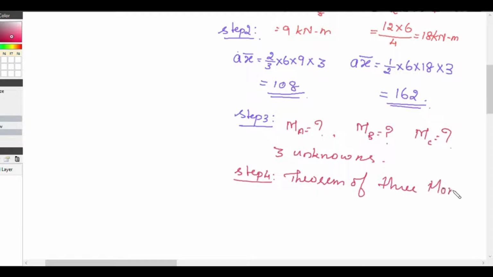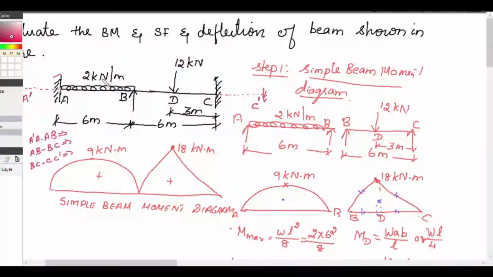So in order to apply the theorem of three moments, the first case we will consider the span A dash A and AB. See, this is A dash A and AB.